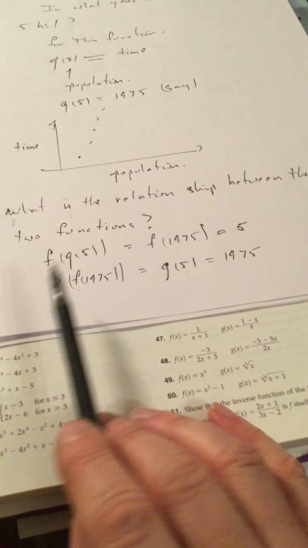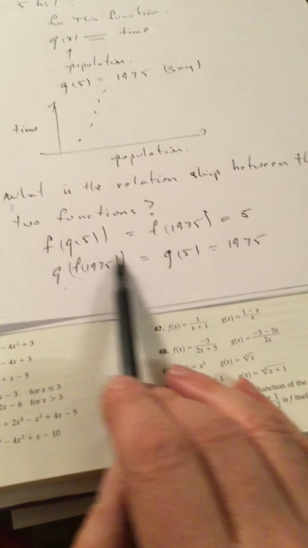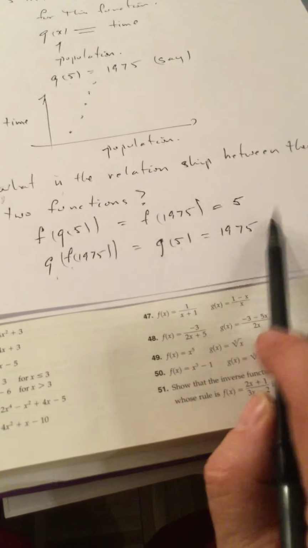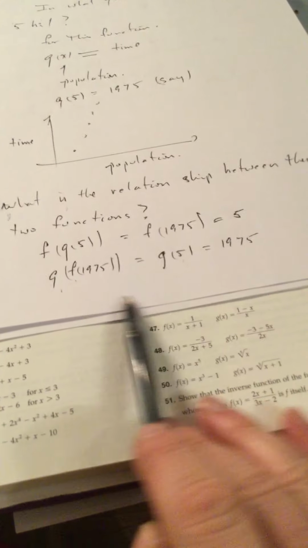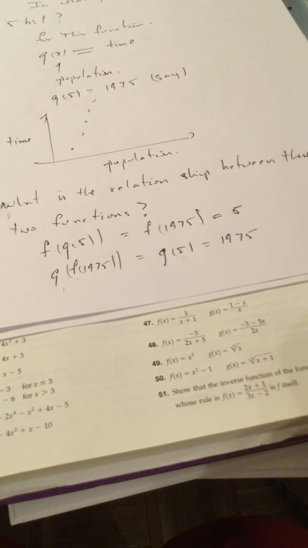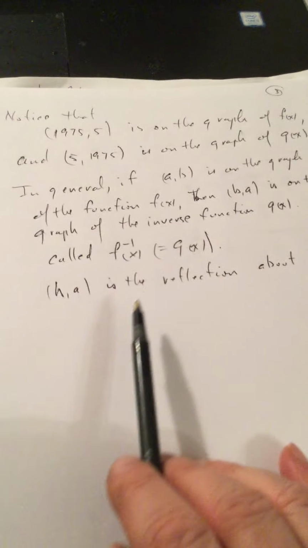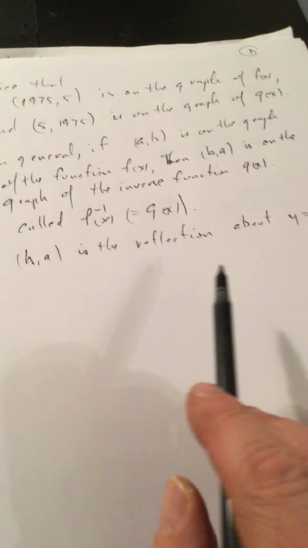So if you have a function and its inverse, then when you compose the two, f of g of 5 is 5. It doesn't do anything. g of f of 1975 is 1975. It doesn't do anything. Well, a way of saying that is that f and g are inverses because when you compose them, you get the so-called identity function.